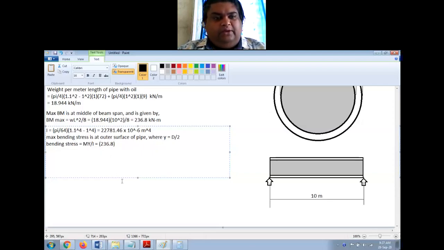I try to get the answer in pascals, so I will multiply this by 10 raised to 3. So this is Newton meter now, right? M is in Newton meter into y is D by 2, 1.1 by 2, by I, which is 27781.46 into 10 raised to minus 6, right?